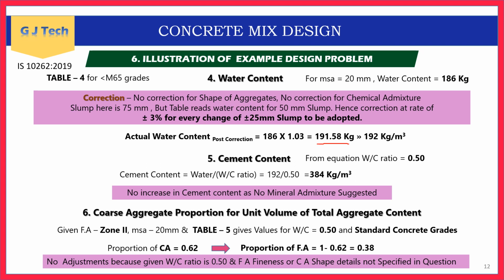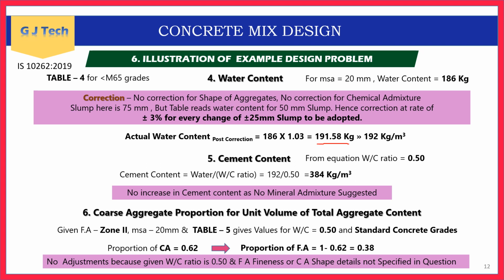The sixth variable is coarse aggregate proportion for unit volume of total aggregate content. This is tabulated, and the coarse aggregate proportion depends upon the fine aggregate zone, maximum size of aggregate, and water cement ratio.